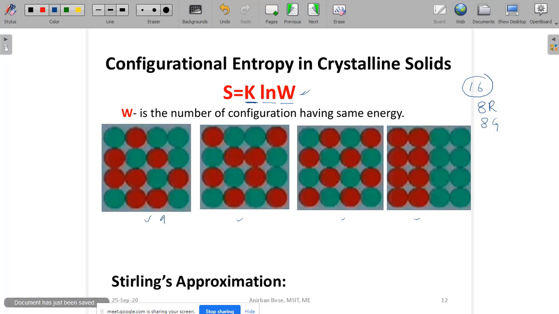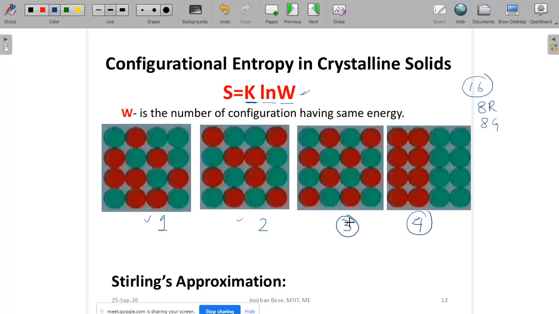If you observe picture 1 and picture 2, their orientation is quite random. But if you observe carefully picture 3 and picture 4, you observe a specific pattern. So what is the specific pattern you are observing in 3 and 4?